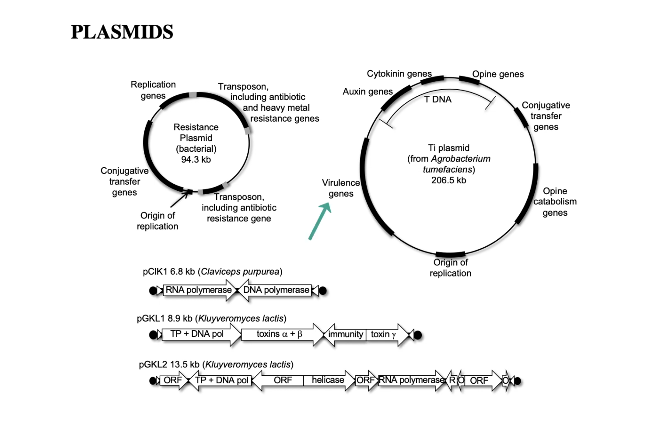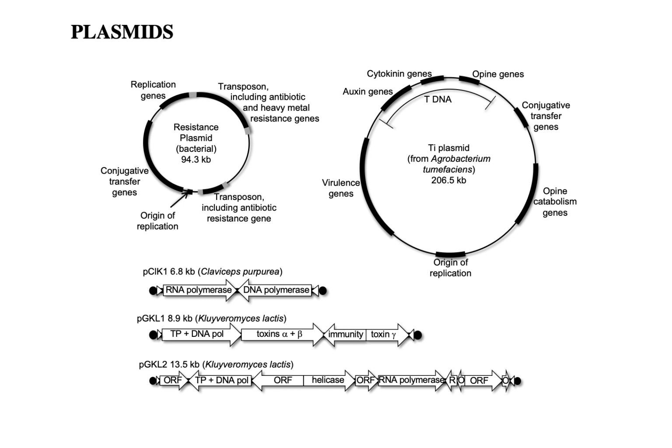They also have virulence genes, which allow them to infect certain tissues, and conjugative transfer genes, and these look somewhat like genes for a virus, for viruses to move from one cell to the other.